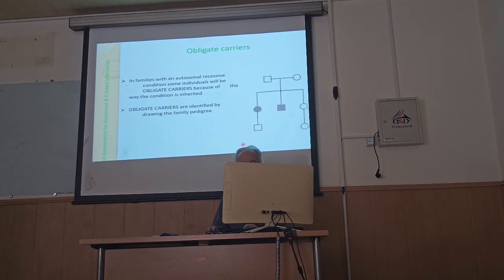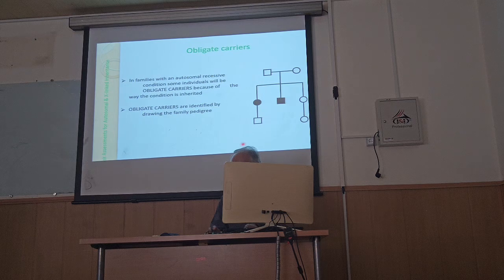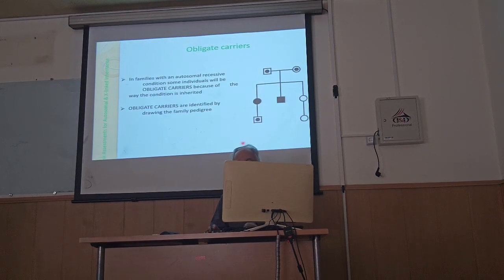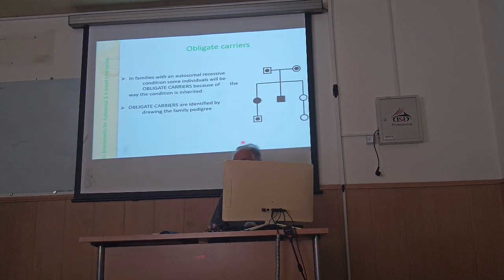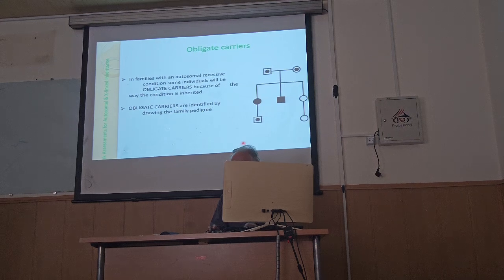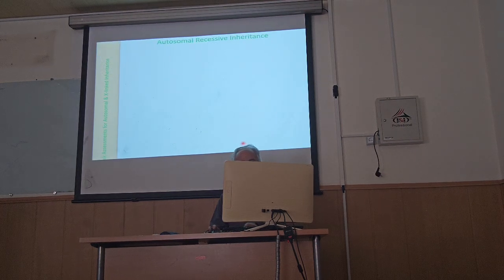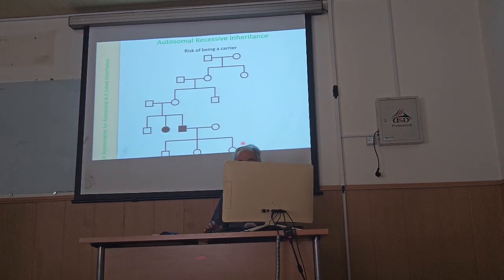As I said, for autosomal recessive, we need to calculate the risk of being a carrier. The first thing is to find the obligatory carriers: the parents and children of an affected individual are obligatory carriers. Then each step further, the risk of being a carrier is reduced by 50%.